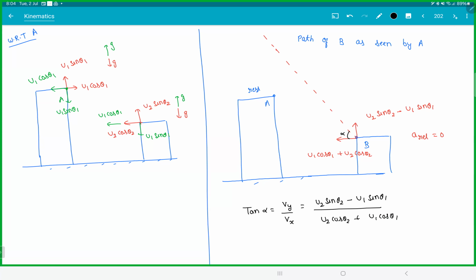Is that fine? Then from here, if I drop this, let this angle be beta. This height would be the difference in height, h1 minus h2, and this horizontal distance is d. Now this comes from geometry. Tan beta is the opposite side, h1 minus h2, by d.